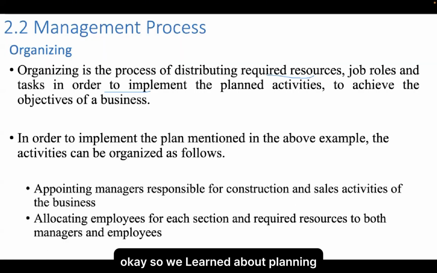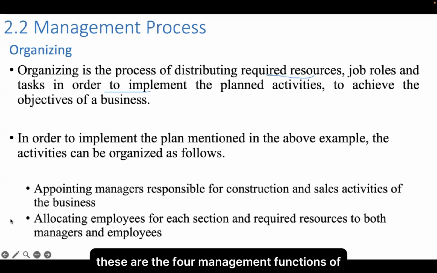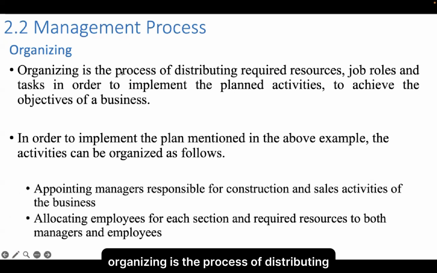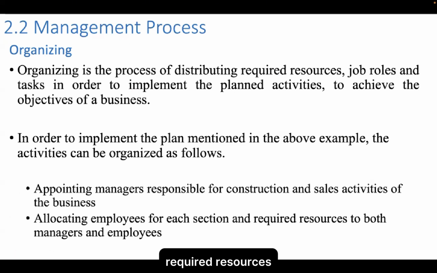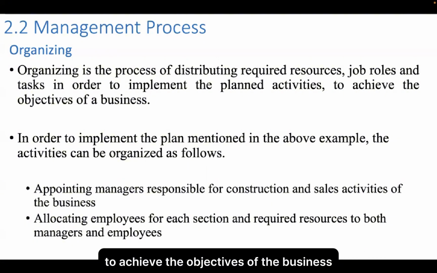So we learned about planning, and now we are going to learn about the organizing part. These are the four management functions, or four processes, that you have to follow in management. Organizing is the process of distributing required resources, job roles, and tasks in order to implement planned activities to achieve the objectives of the business.